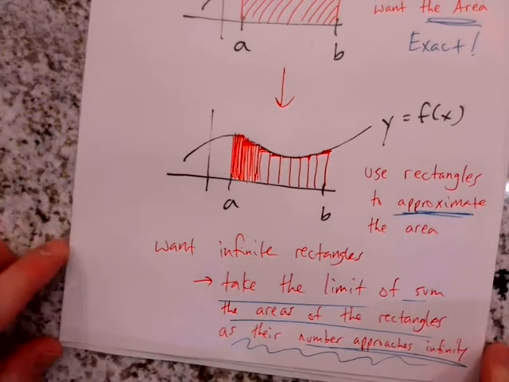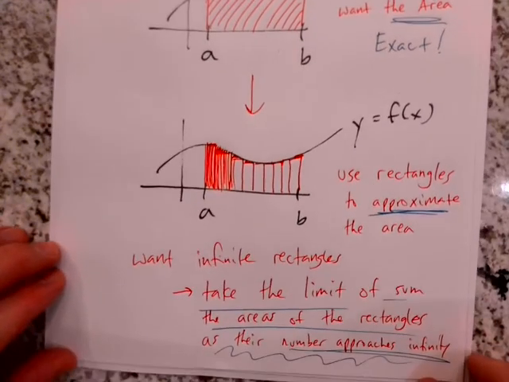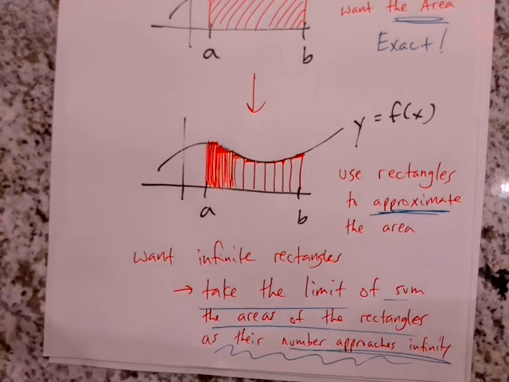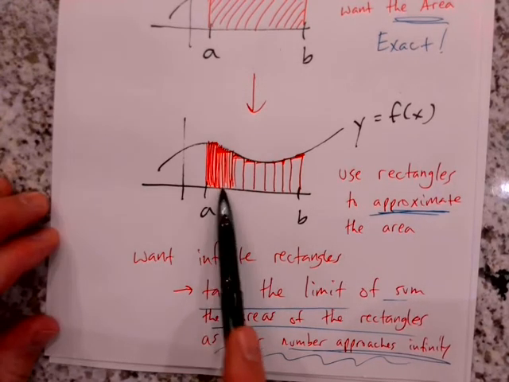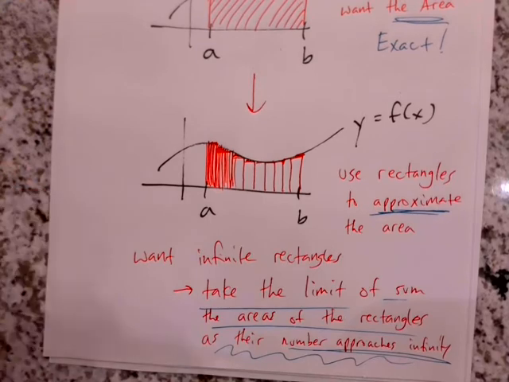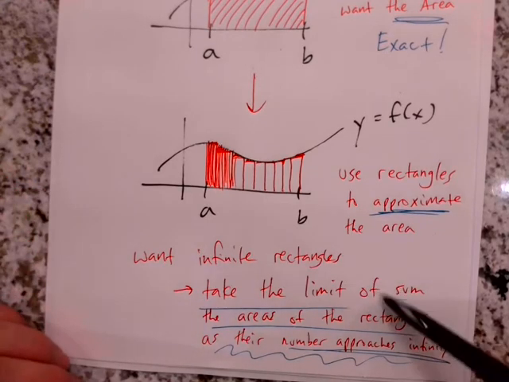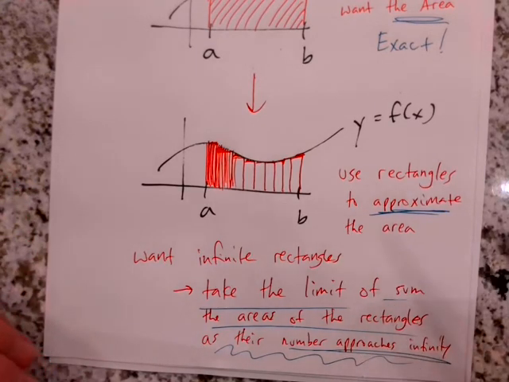In order to turn this into a usable equation, we need to have a nice, concise way to express a sum of a lot of terms, right? Because our goal is to have the sum of an infinite number of rectangles, which means we need a nice way to express sums.